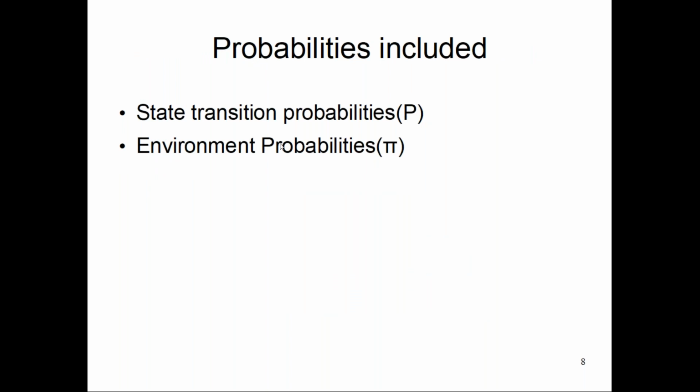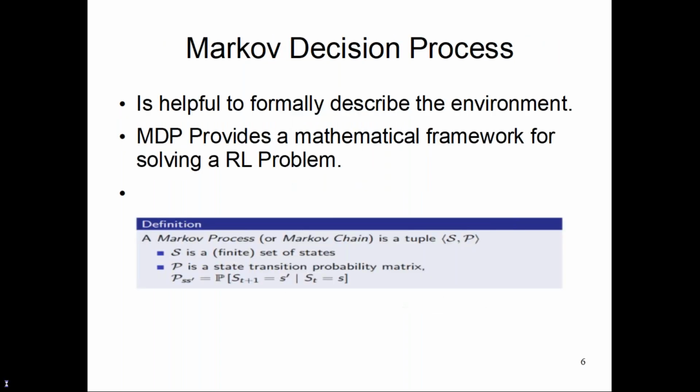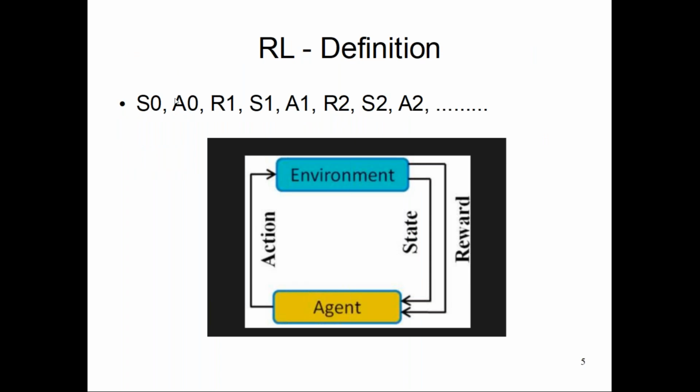Then there is something called environment probability, which influences the action. If you observe, the agent is taking an alternating sequence of states and actions: state, action, then state and action, then state and action.